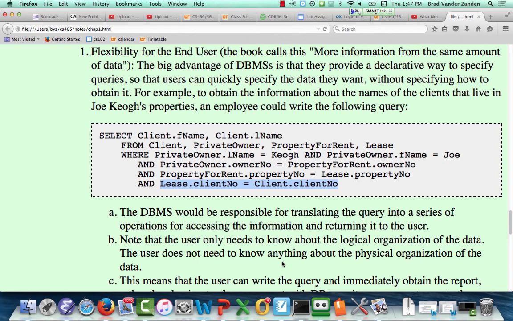Because Joe only has a few properties, and there's only a few in the lease file, so you need to find the most efficient way to obtain that information. So there's a lot going on under the covers, which we'll get to when we talk about the physical design of databases, but we won't even get into query optimization because it's a graduate level course.